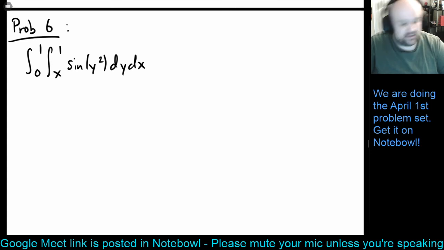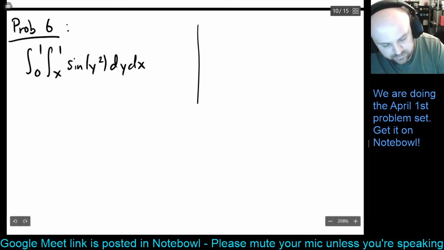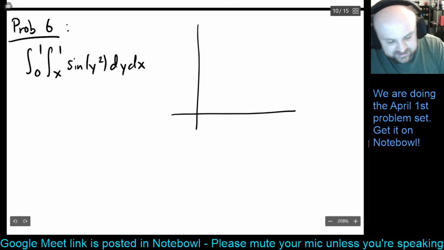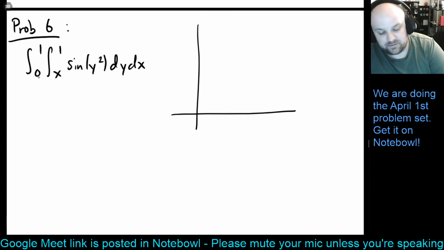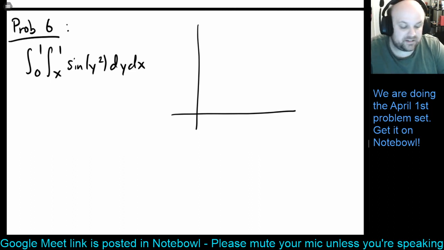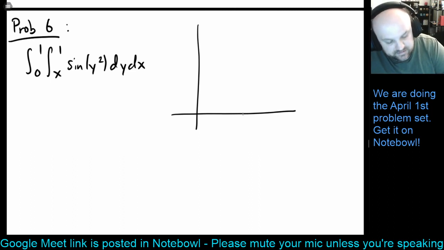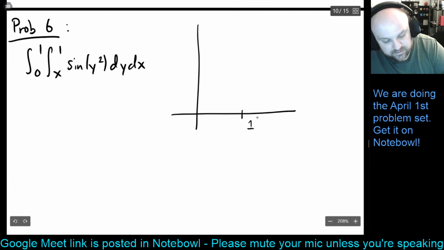The way I like to do this is I'm going to start with my outside integral and the variable here. So I know this is x. These are bounds on x right here. So let's say here's x equals 1.